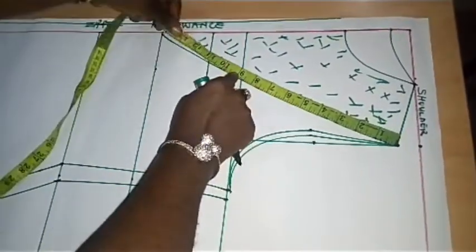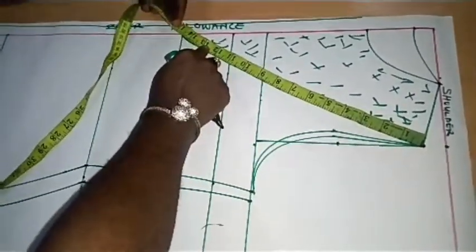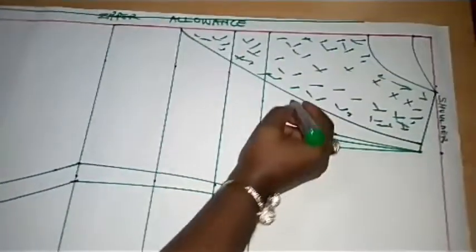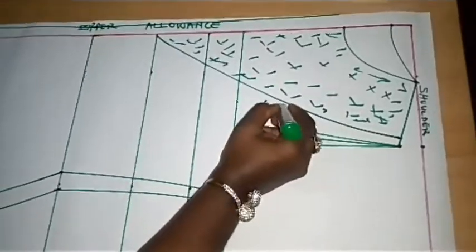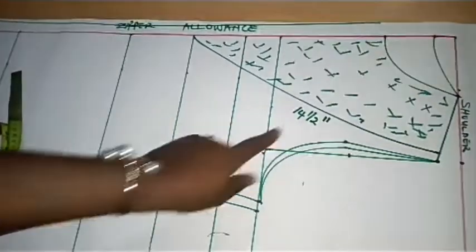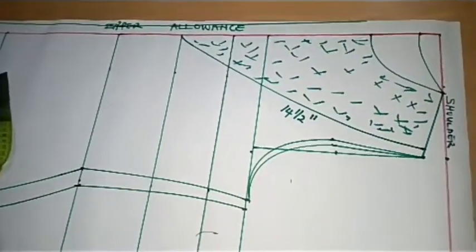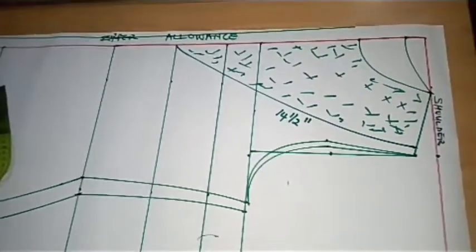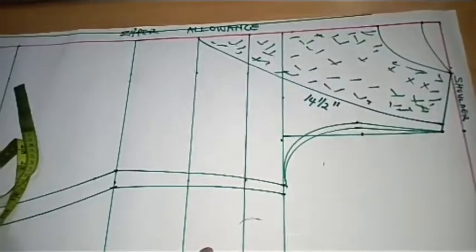You can see on this shape I have 14.5, so I'll be writing 14.5 beside it, for the 14.5 inches. So this 14.5 inches, I'll be timesing it by 2, and I'll have 29 inches.